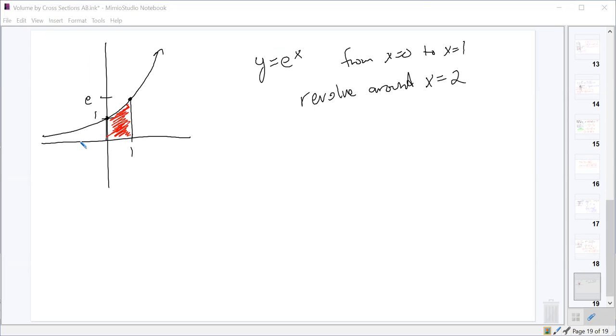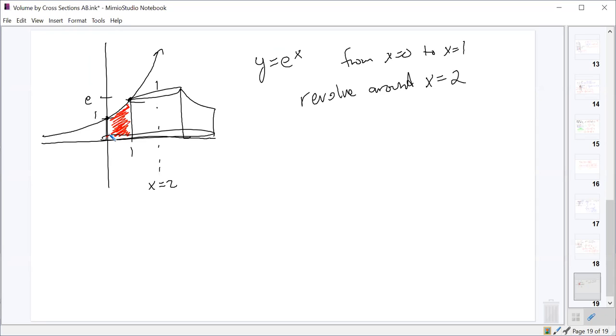And we want to take that region and move it around x equals 2. So we're going to get something about like that. Good or no? Good.